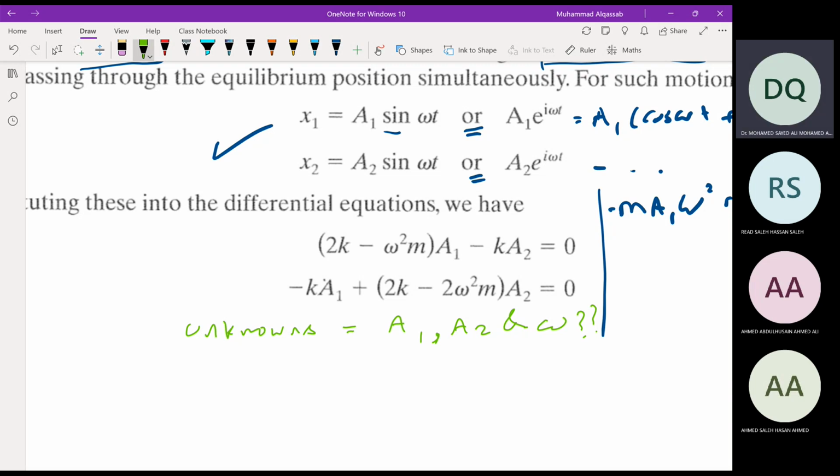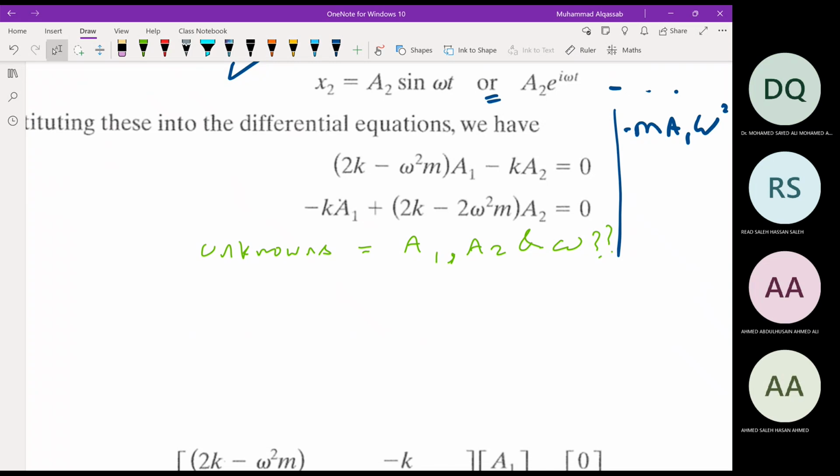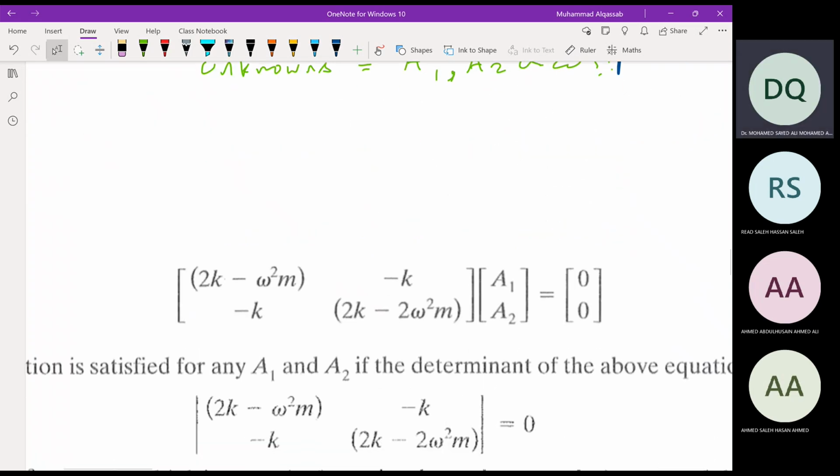Remember, free vibration means to find the natural frequency. A1 and A2 are also unknown. So there are 3 unknowns with only 2 equations. So let me put those 2 equations in matrix form, and then you will see how we can get the solution.